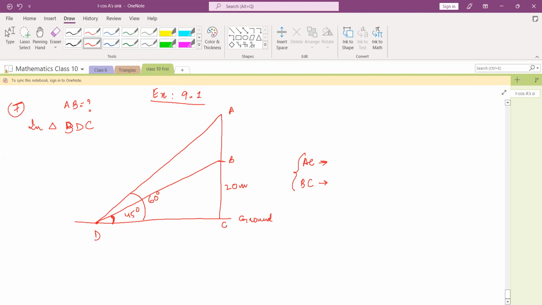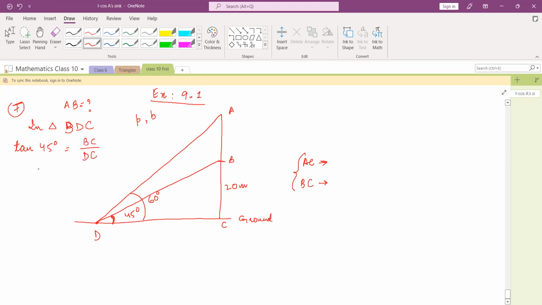And if I want to find the base, that is DC, which trigonometric ratio should I use? Which ratio will give me the relation between perpendicular and base? Tan. Very good. So I can take tan 45 will be perpendicular upon base, that means BC divided by DC, right?